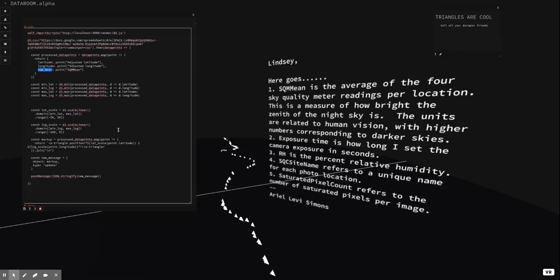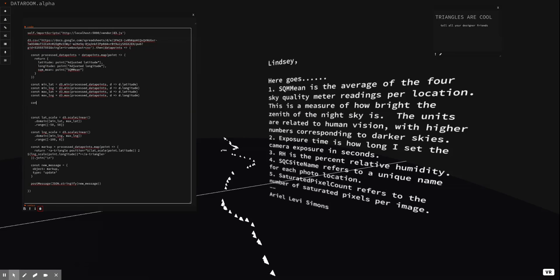Let's first find, because we want to do ranges of this stuff, the minimum value of SQM mean. So we will do this by, so min SQM equals D3 min process data points.